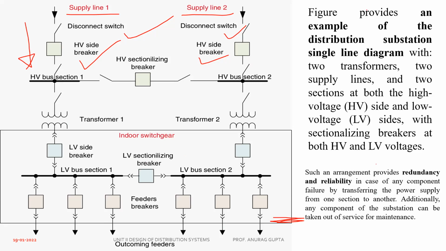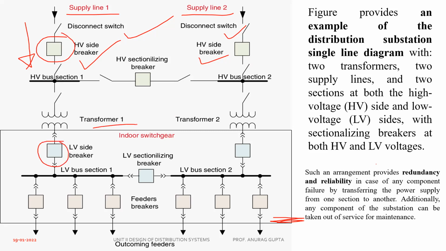The figure provides an example of a distribution substation single line diagram with 2 transformers, 2 supply lines and 2 sections at both the high voltage side and low voltage side, with a sectionalizing breaker at both HV and LV. You can see this is your LV breaker and this is your LV breaker.